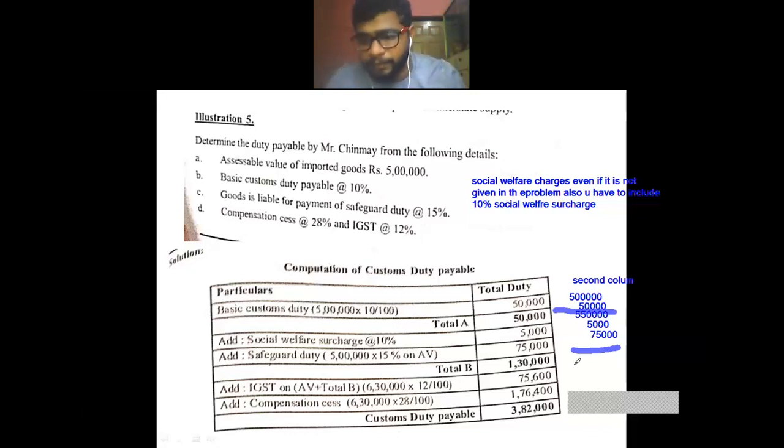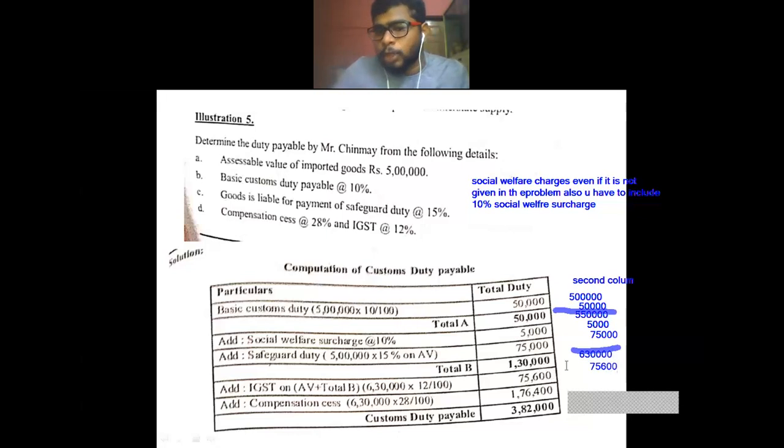So that is 6,30,000. Now IGST at what percentage? IGST 12%. You have to calculate IGST for total B, not for this amount. You have to calculate for second column amount, that is 6,30,000. Therefore 6,30,000 into 12%, that is 75,600.